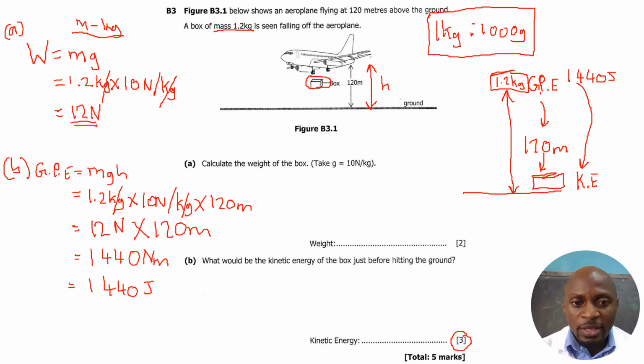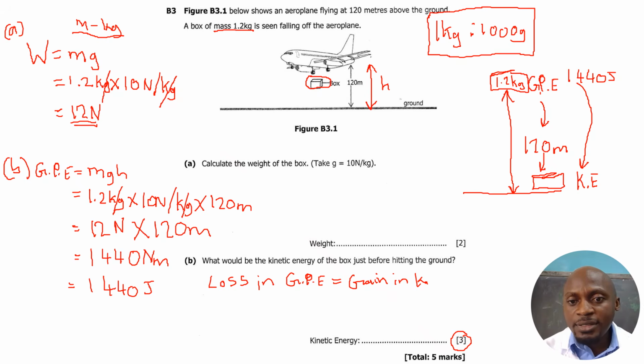So the principle is that loss in gravitational potential energy is equal to gain in kinetic energy.